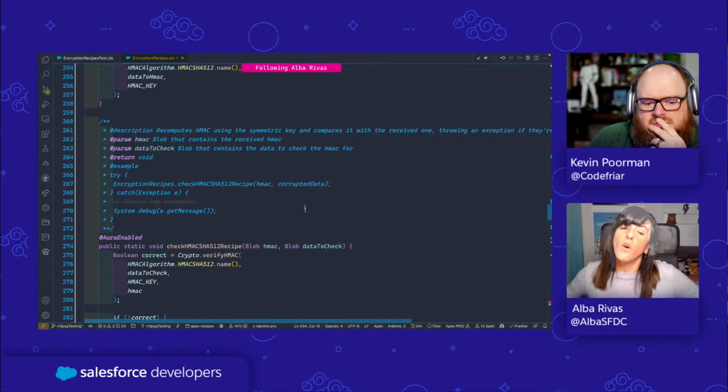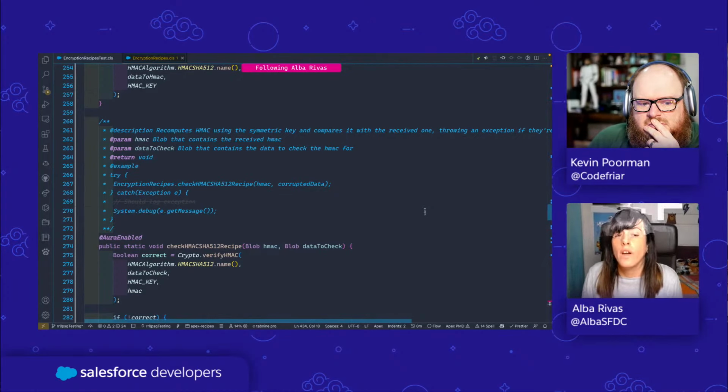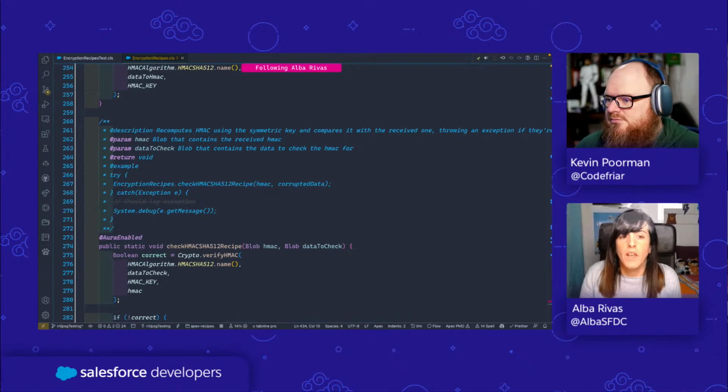Yeah, exactly. So to get authenticity, we can take a look at another kind of algorithm, which is HMAC, right? I'm trying to remember what HMAC stands for. Yeah.